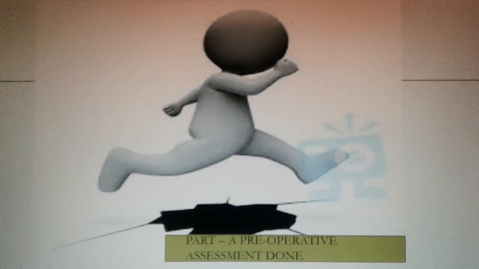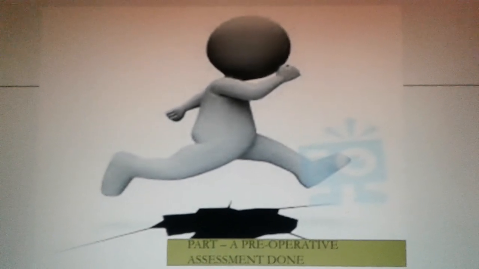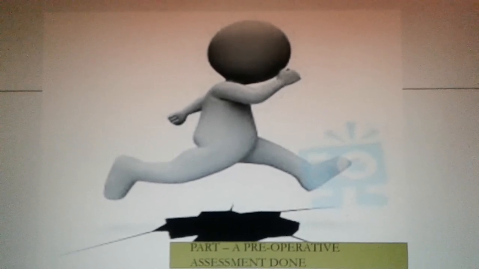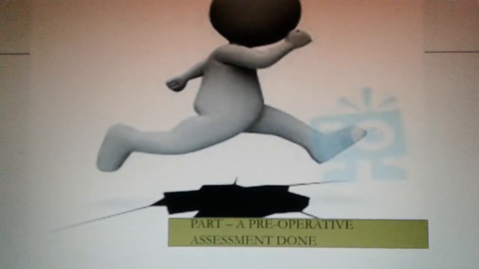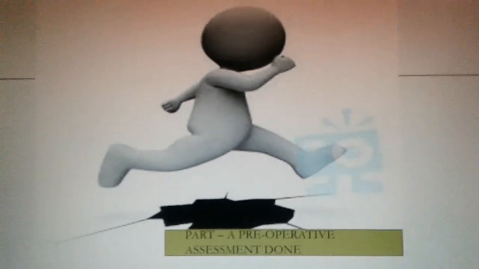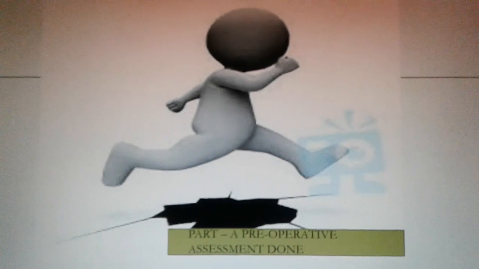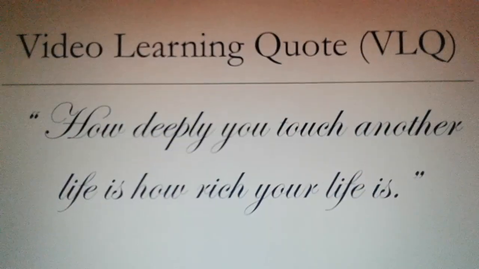So if we know these 5 parameters beforehand, that is definitely there. This patient is at least having difficulty level 2A, right? So till here, part A pre-operative assessment is done. We have crossed that difficulty of calculating the part A, as you can see here.